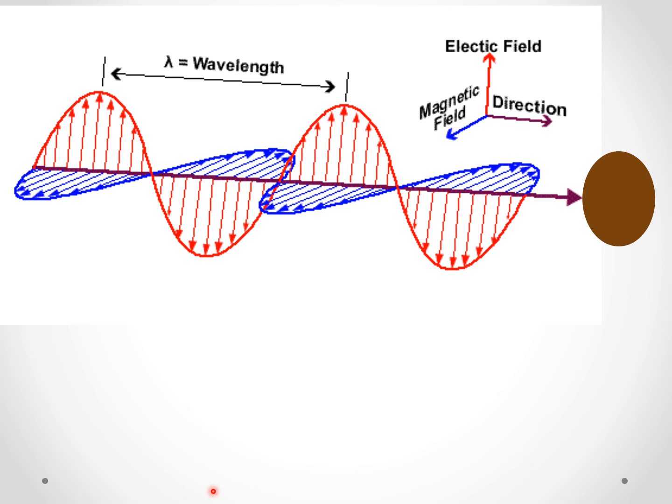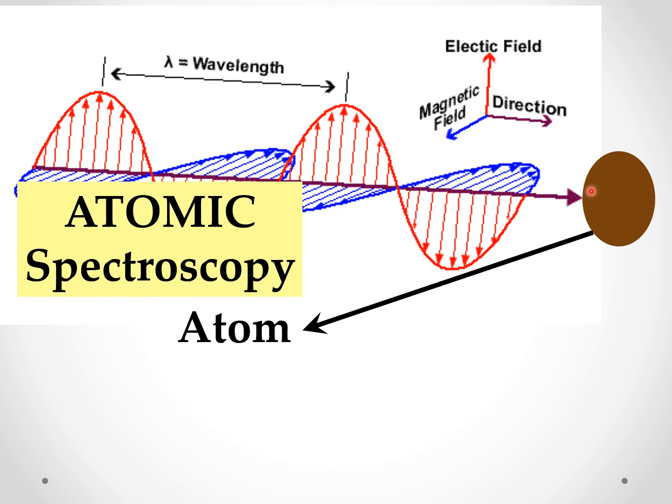Now in terms of matter, how can we classify spectroscopy? That is what we are going to see. So you have matter, either an atom or a molecule, and it can absorb or emit a radiation. If this chemical species that is absorbing or emitting is an atom, then that technique is called atomic spectroscopy.